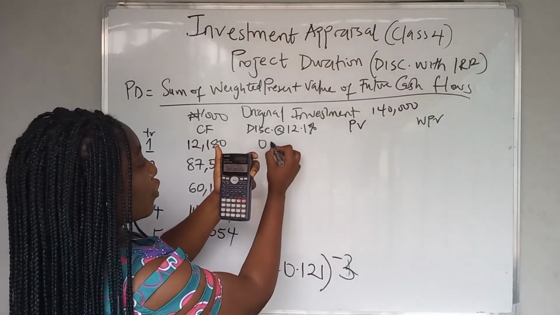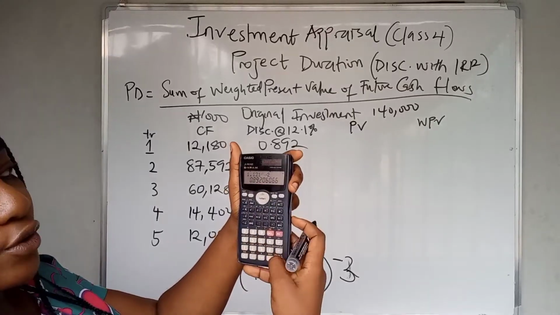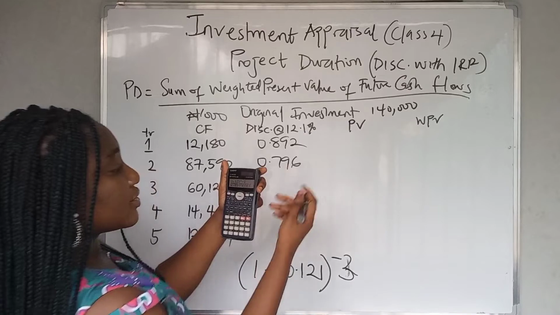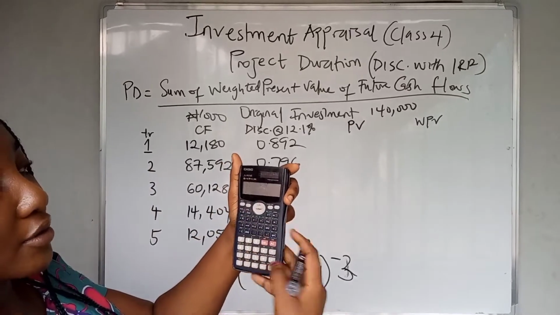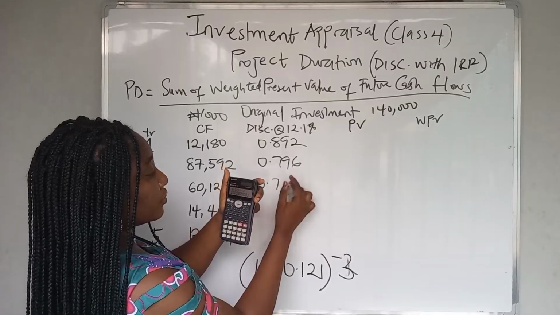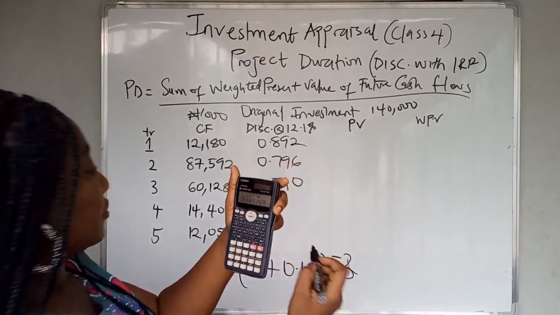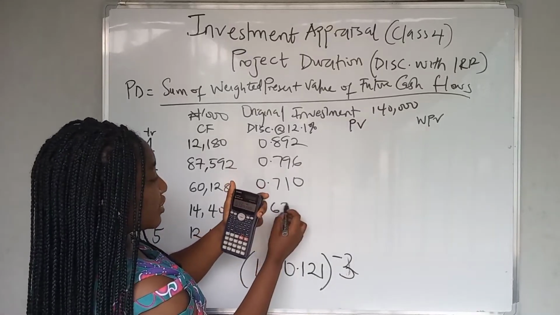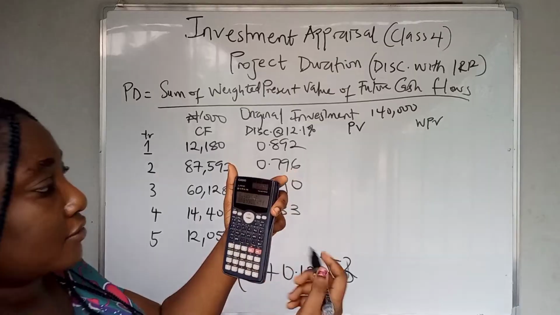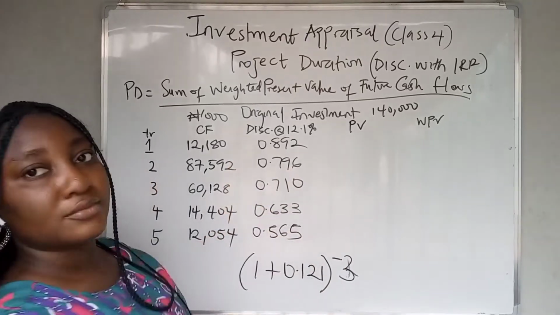That's 0.892. Raised to power minus 2, 0.796. Raised to power minus 3, 0.710. Raised to power minus 4, 0.633. Raised to power minus 5, 0.565. Can you see that?